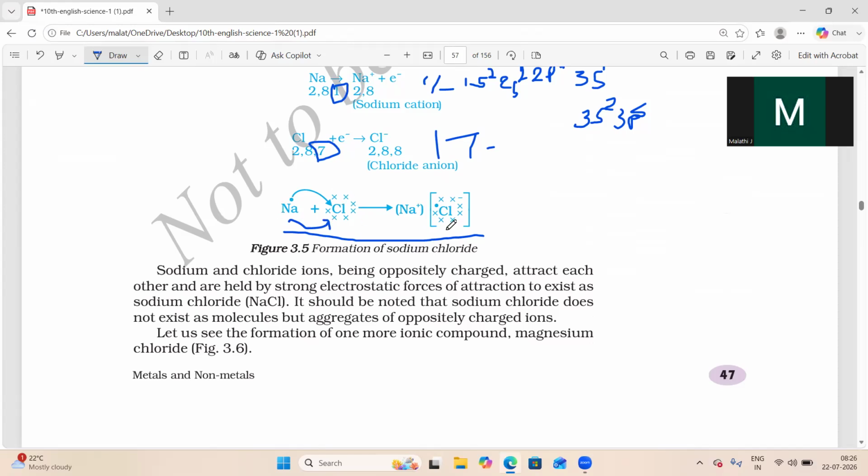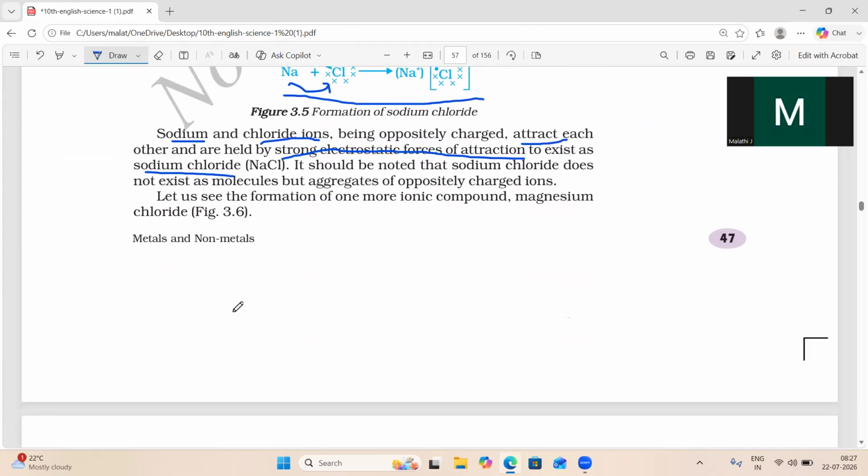Now it is Na plus and Cl minus. So here ions are present, chloride ions and sodium ions. These are oppositely charged, and oppositely charged particles always attract each other. So there is a strong electrostatic force of attraction between these two, sodium and chloride, and it becomes sodium chloride. That is an ionic compound.